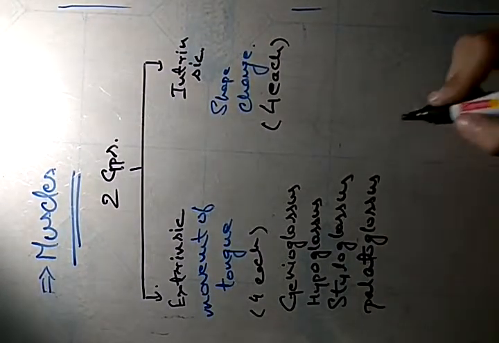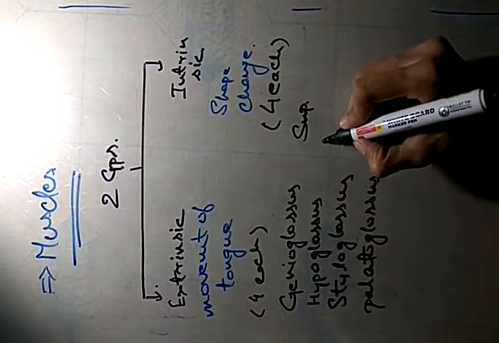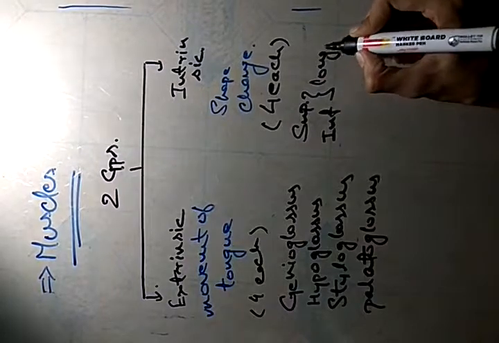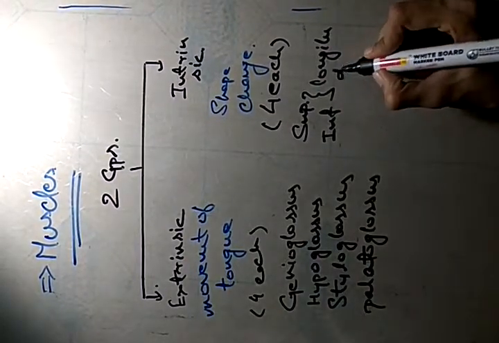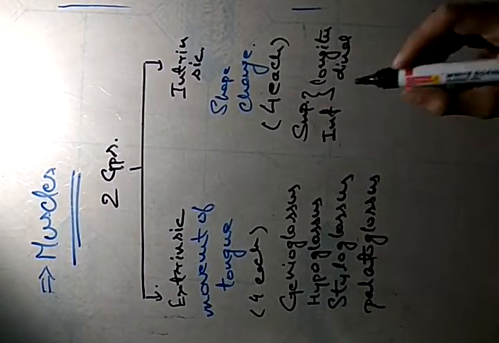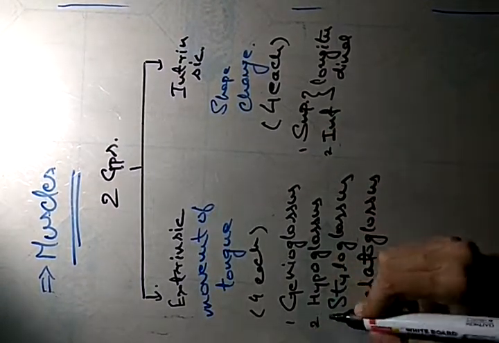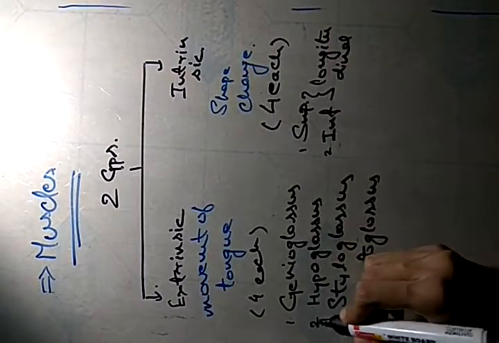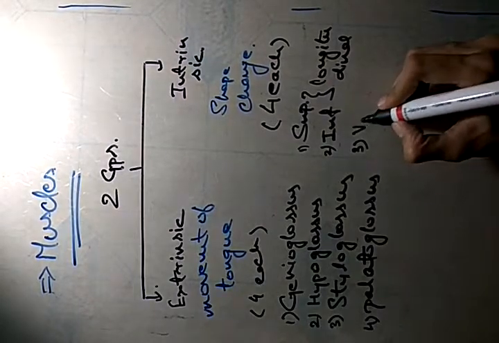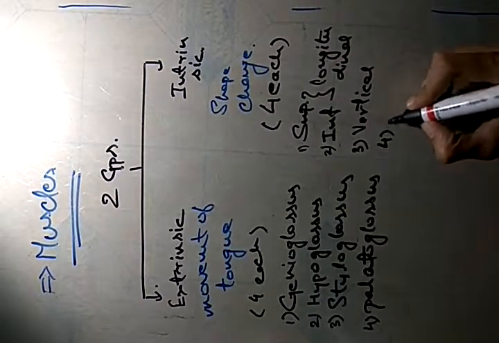Palatoglossus. In the intrinsic group, we have superior and inferior longitudinal muscles. Okay, so these are 1 and 2. Third one is vertical, and the fourth one is transverse.